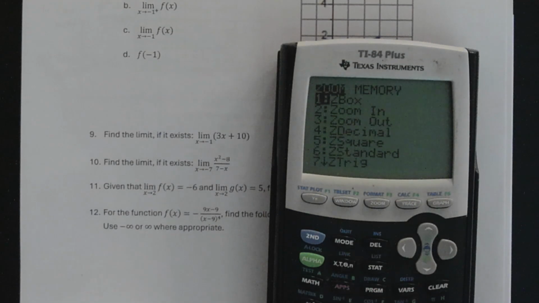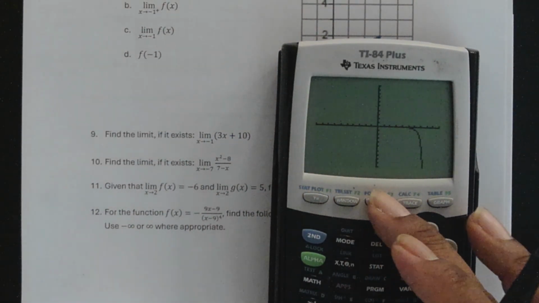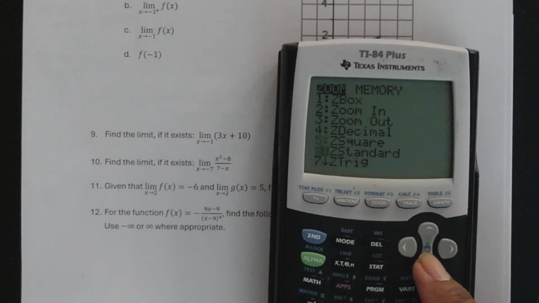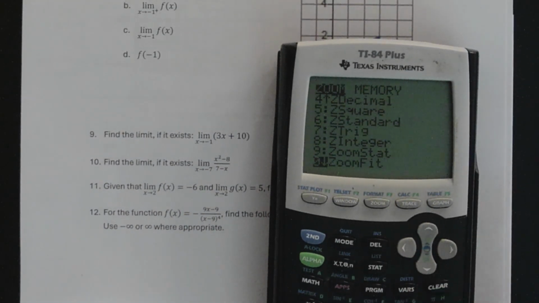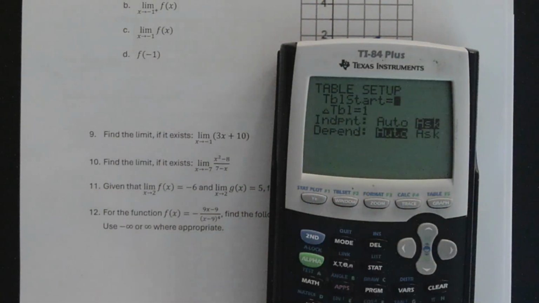And I would do zoom 6 for the standard window. Okay. Or better yet, zoom fit. Sometimes you got to play around with this calculator to get the graph that you want. Or better yet, do a window.